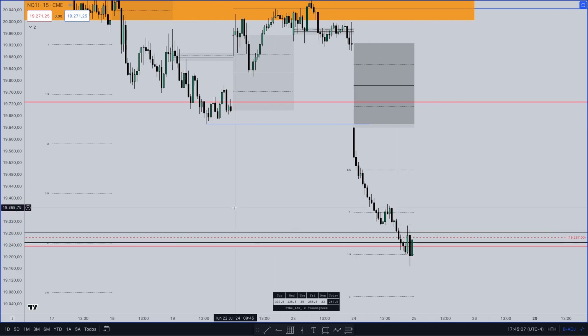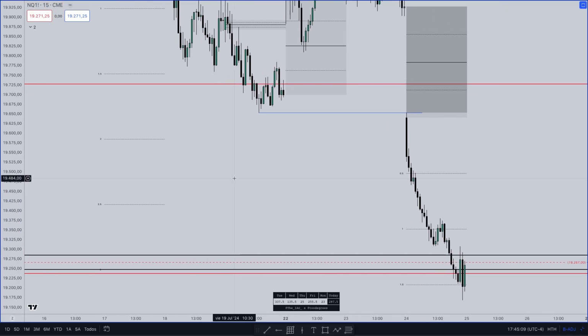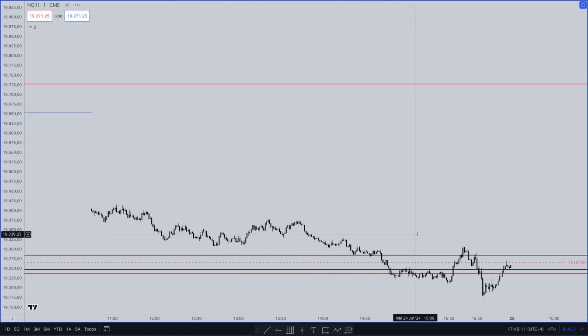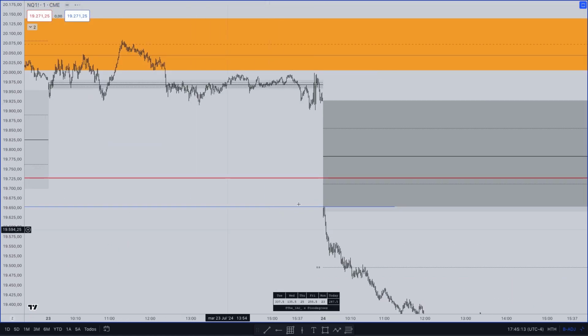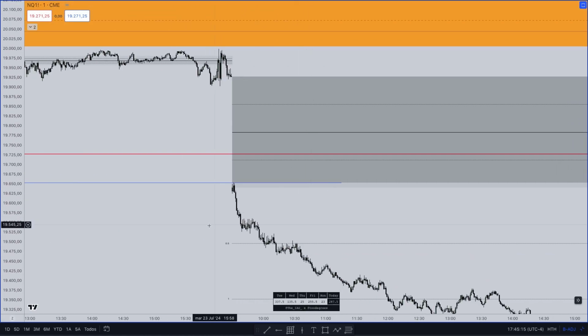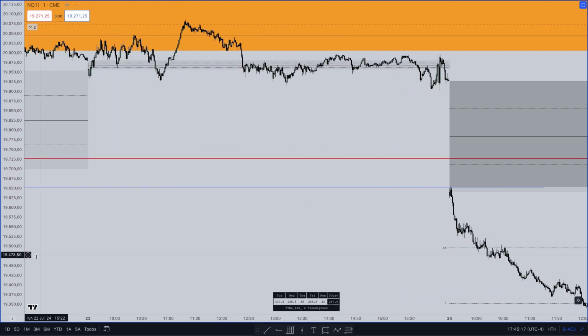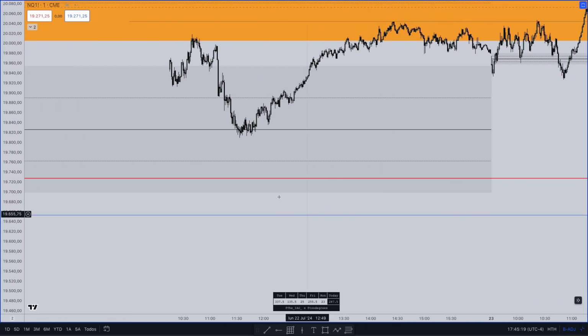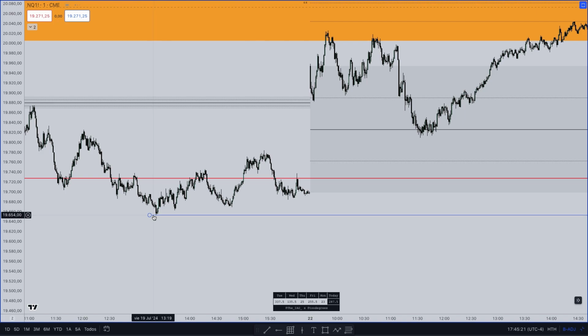Okay, so look, let's move on to the 1 minute chart. Forget about electronic trading hours right now. This is the price action, the low of the previous Friday here.